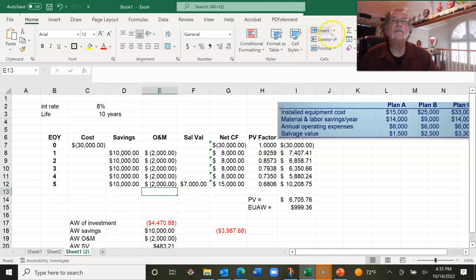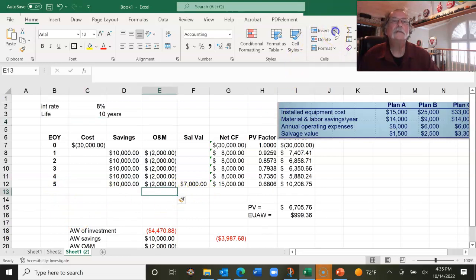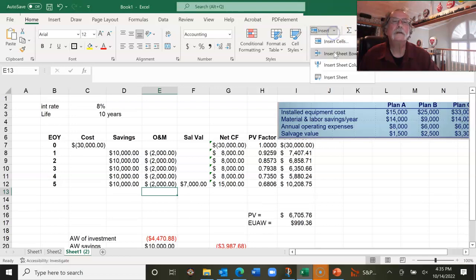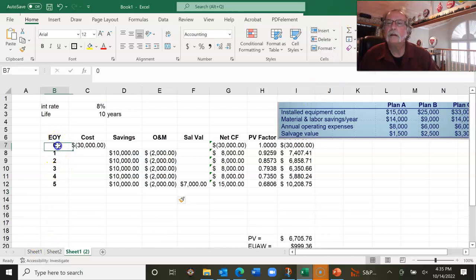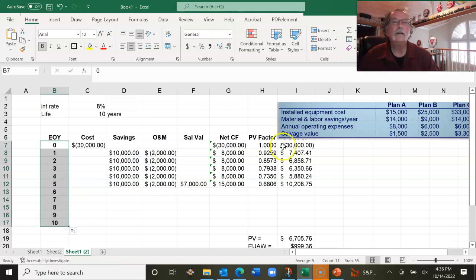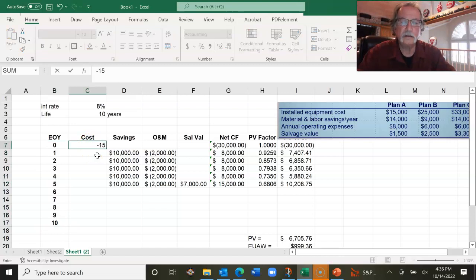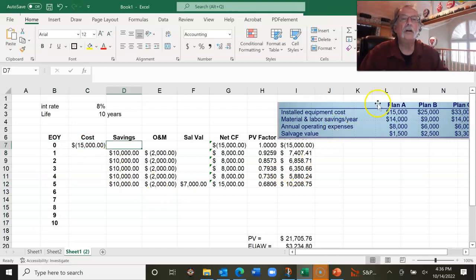Let's insert 5 rows. So our first one costs $15,000. Our savings per year is $14,000 per year.